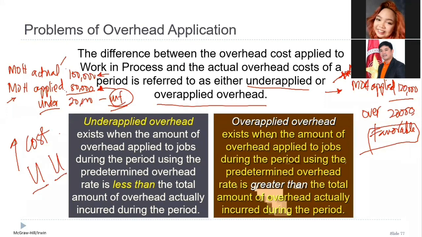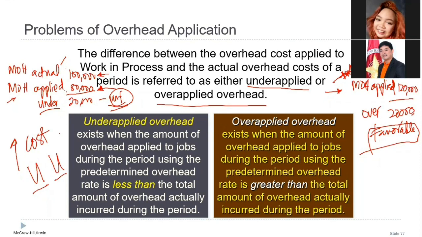Okay? So as time goes by, yung ating pag-estimate ng overhead would be closer and closer to actual. Kasi with the experience that we had, with the historical data that we had, we can have more basis in estimating our overhead or in coming up with our predetermined overhead rate.